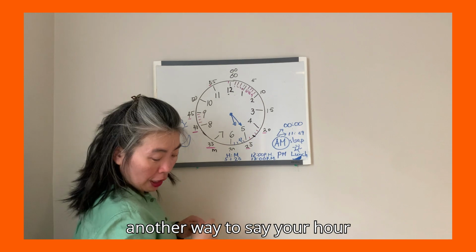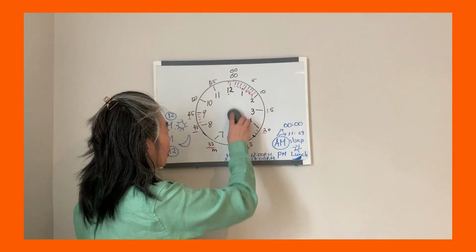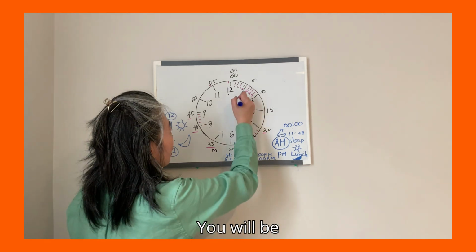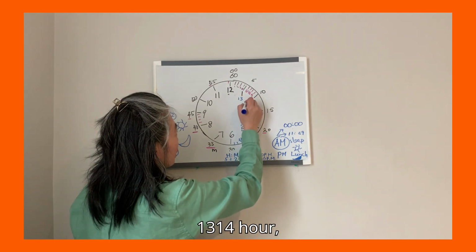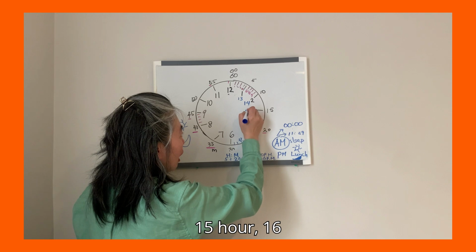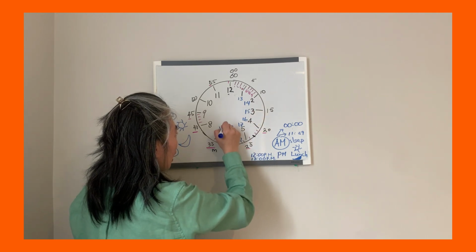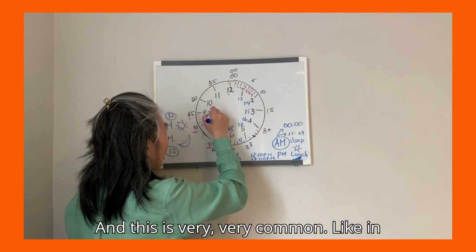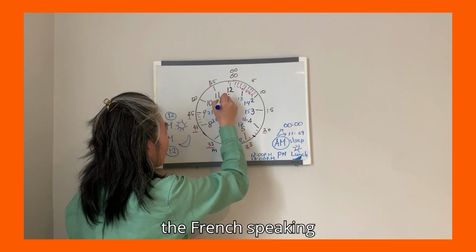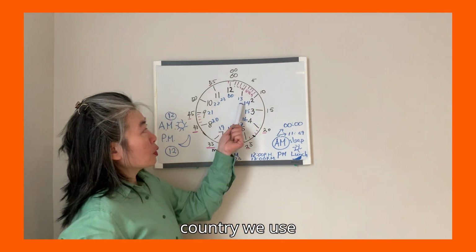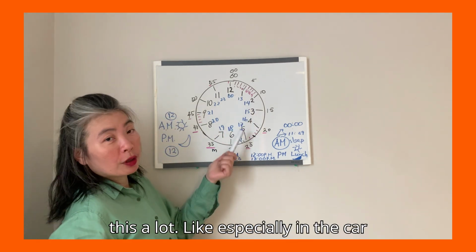So another way to say your hour will be in military time: it will be 13, 14 hour, 15 hour, 16, 17, like that. And this is very, very common in French-speaking countries. We use this a lot, especially in the car park.